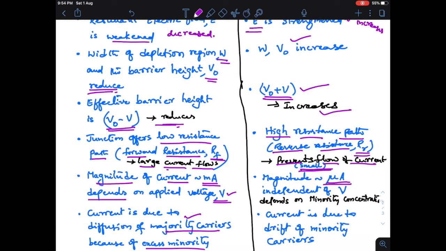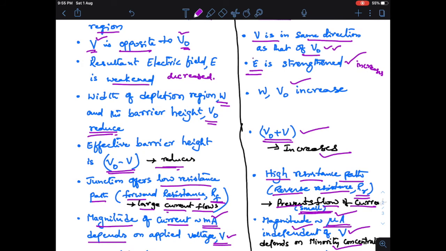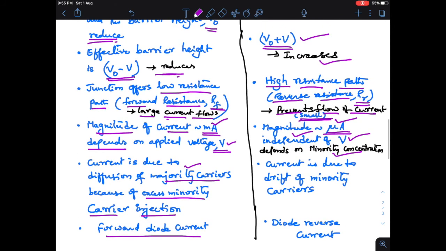And the magnitude is, here you have milliamperes in forward bias and microamperes in reverse bias. But then it is independent of the applied voltage V. Now what parameter does it depend on? It depends on the minority carrier concentration. Because of the electric field increasing, there will be a drift of the minority carriers. Therefore the current is due to drift of minority carriers.